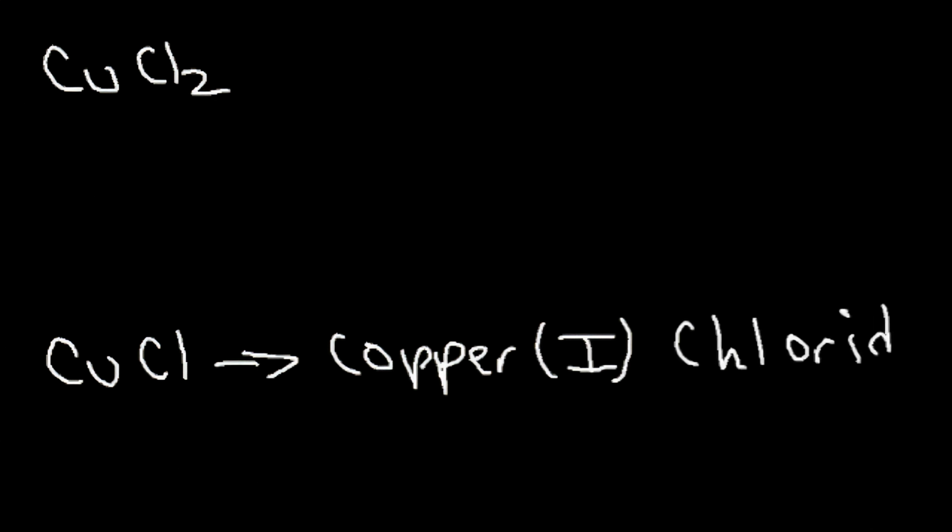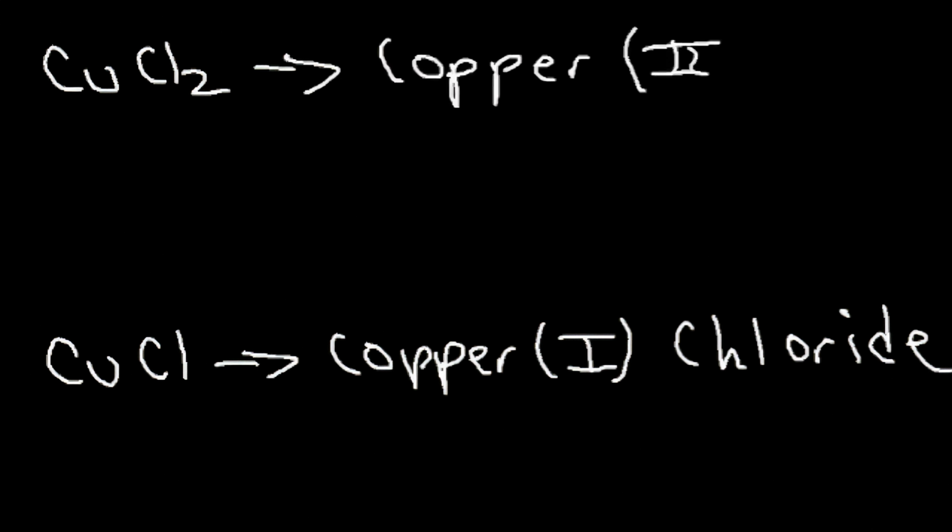CuCl2 is copper 2 chloride. Well, you might be wondering, that's not bad. All you need to do is look at the subscript. While generally that's going to give you the answer, it's not always the case. So sometimes this will be the Roman numeral, but you can't always rely on it.